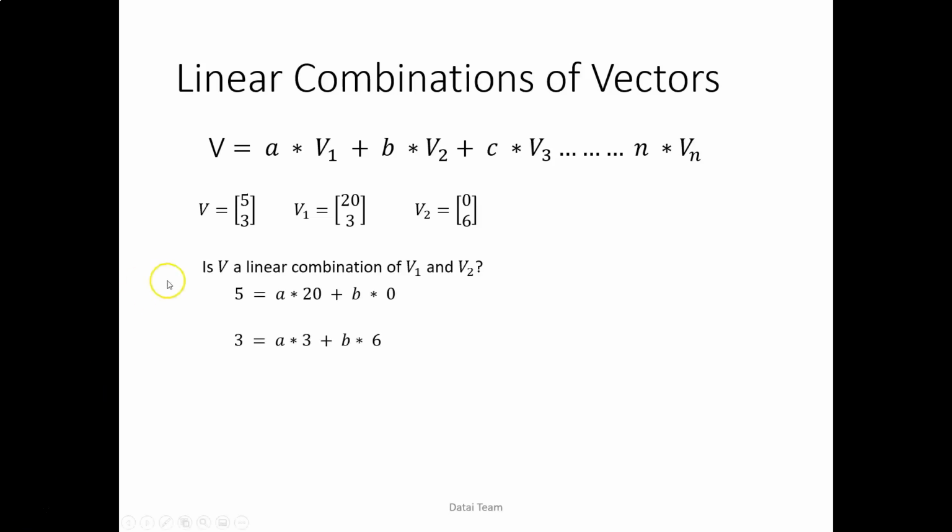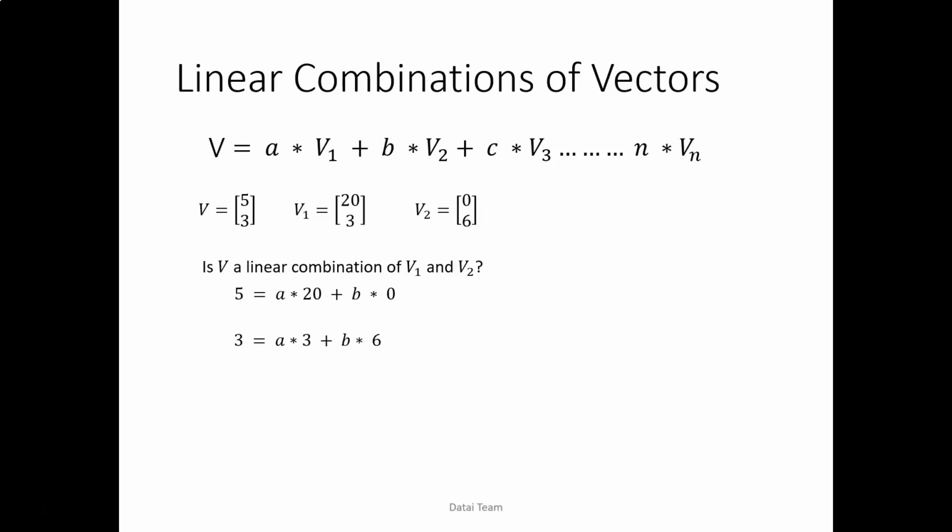So we want the x value to be 5, so we write 5 is equal to 20a plus 0b. You can use different letters. For example, you can use alpha and beta, any coefficients that you want.